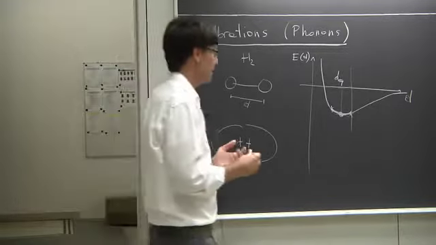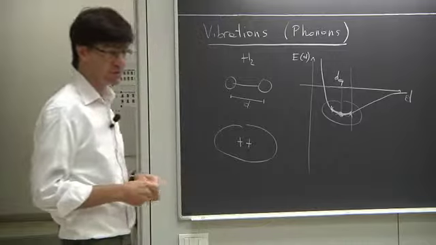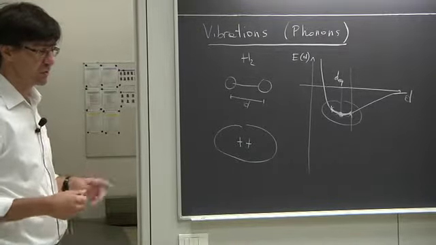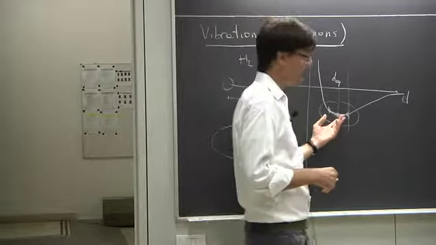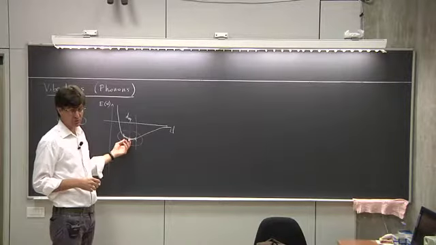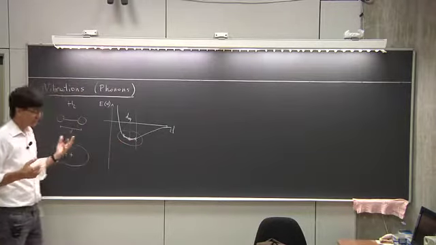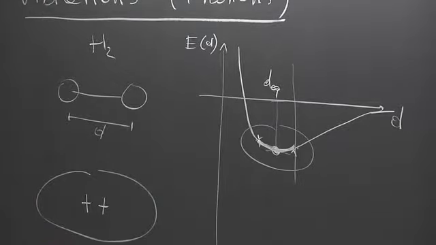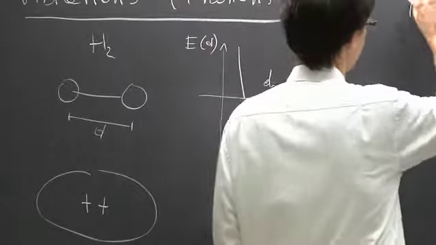And of course, if you can approximate this to a parabolic potential, the vibration is going to be a harmonic vibration. The question, of course, is whether you're going to be close to the minimum. So the question is, at standard conditions, say at room temperature, take a molecule, say N2 actually.